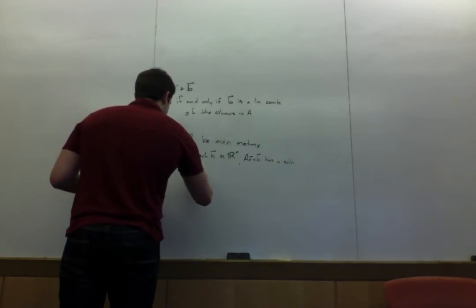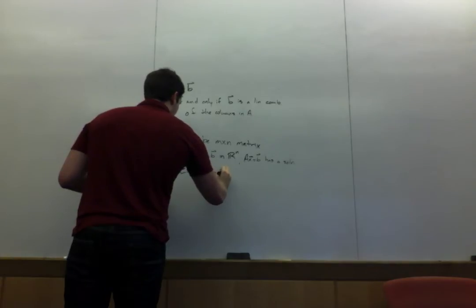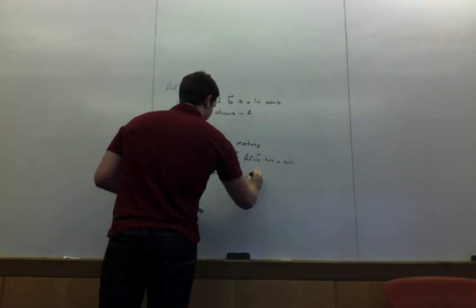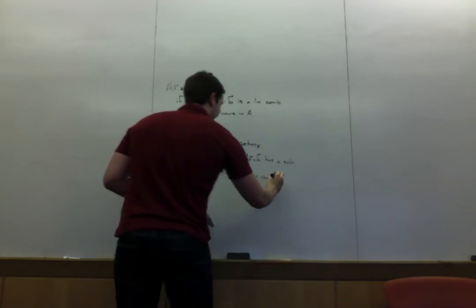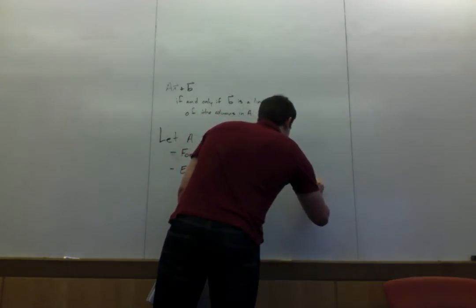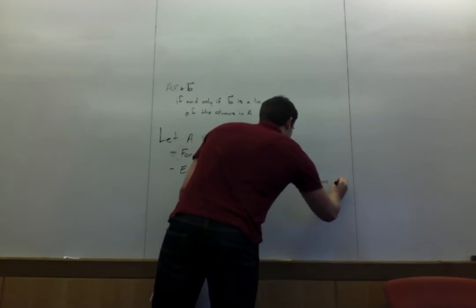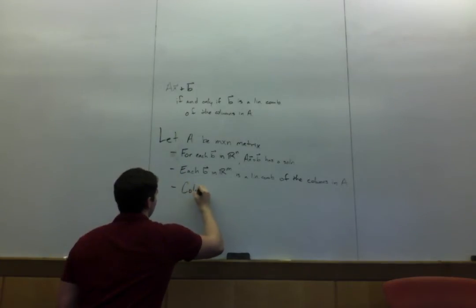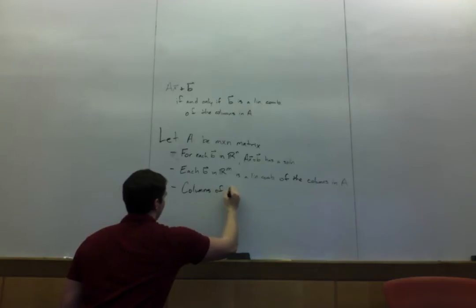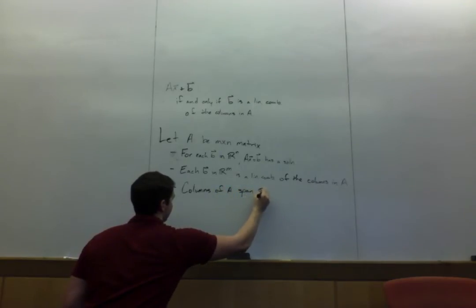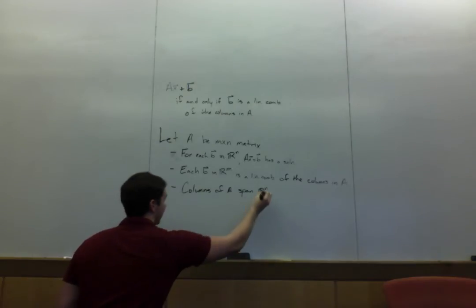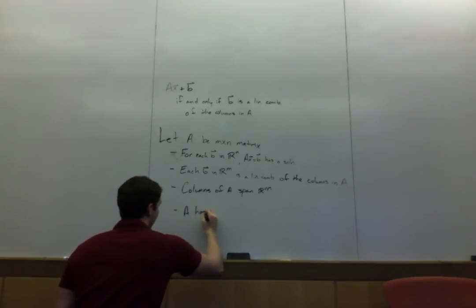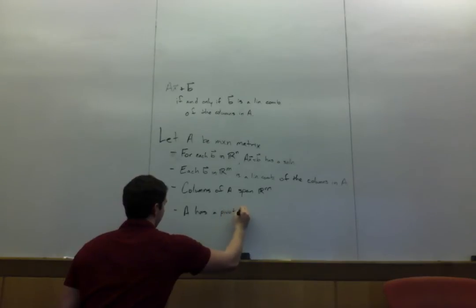Each B in Rm is a linear combination of the columns in A. Equivalently, the columns of A span Rm, and A has a pivot in every row.